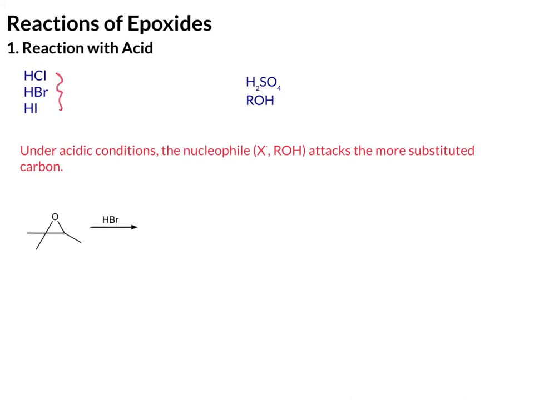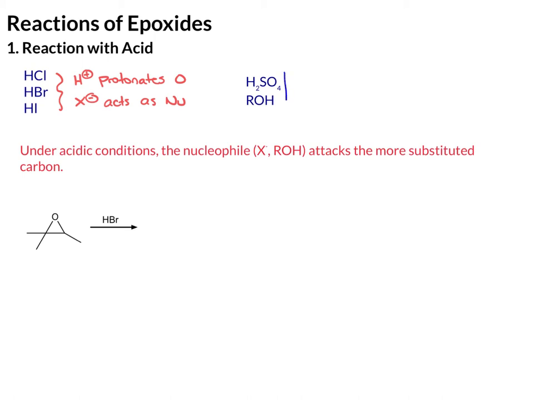And when you use these, H plus protonates the oxygen of the epoxide. And the halogen, X minus, acts as a nucleophile. And that's going to open up that epoxide. The other is a mixture.